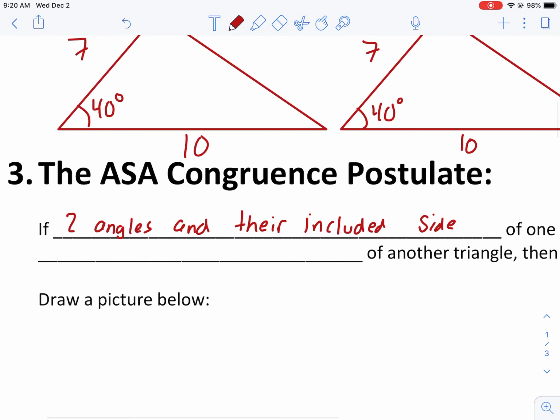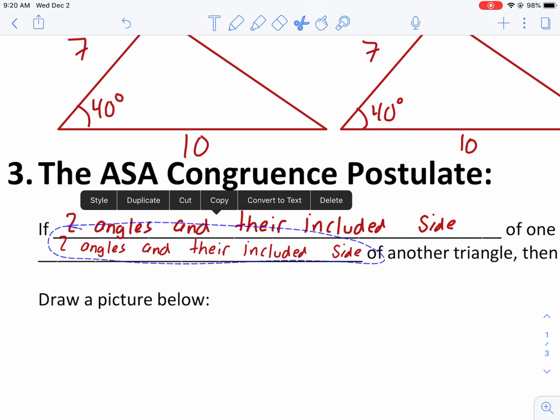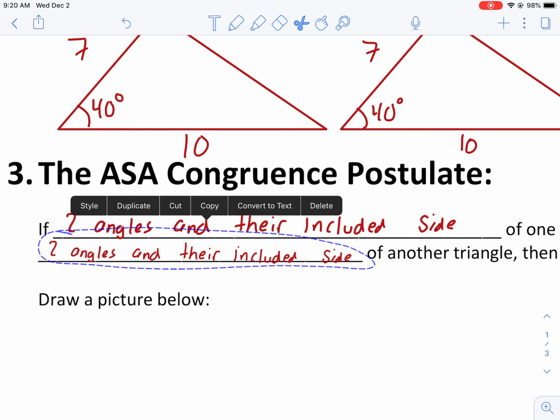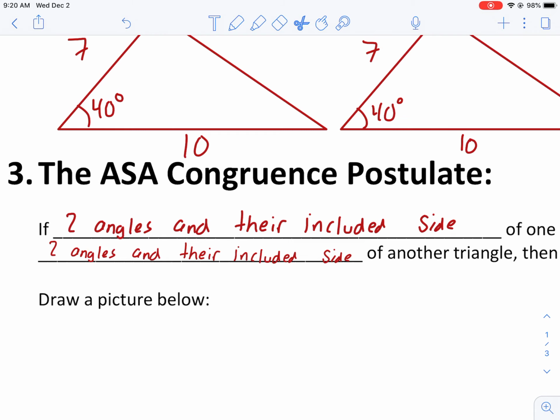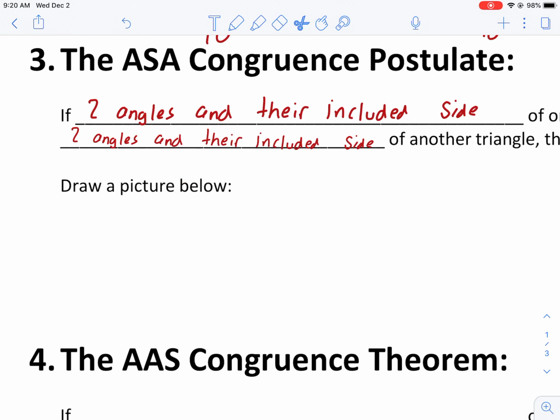All right. So just like the angle had to be in between the two sides, the side has to be in between the two angles. All right. So again, this will look kind of like this.